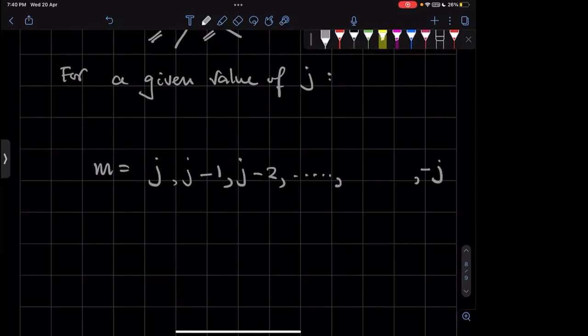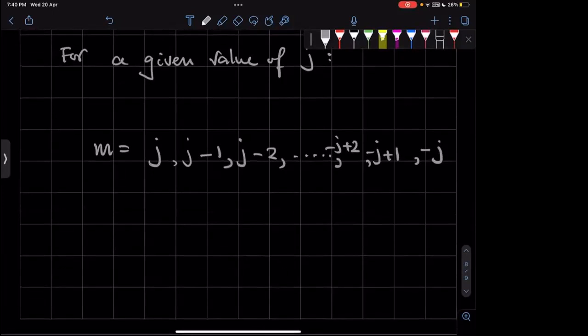So the one before minus j must be 1 up, and the one before that must be 2 up, right? So these are the possible values of m. Is that clear? Any questions?